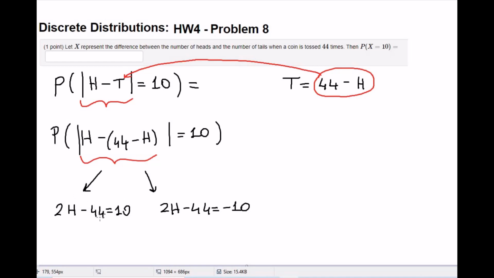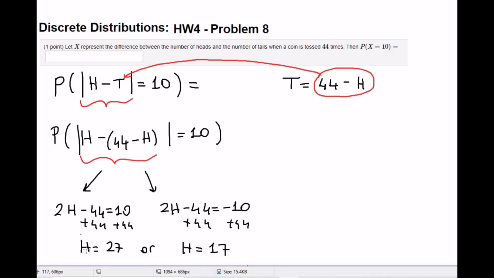And if we solve for h here, add 44 on both sides and divide by 2, then h will be equal to 27. Here, adding 44 on both sides and dividing by 2, we obtain h as 17. So we have two values of h, either 27 or 17 will give us this scenario.